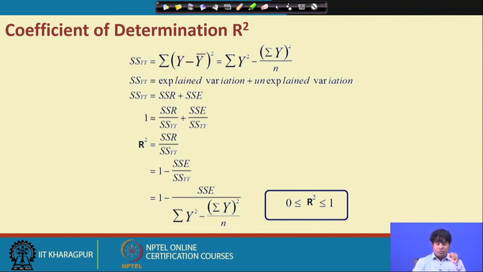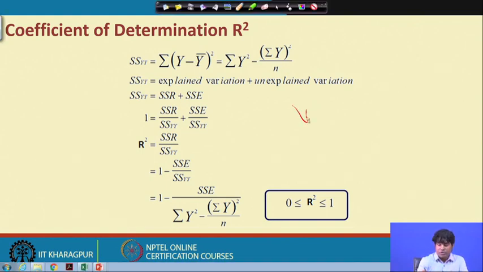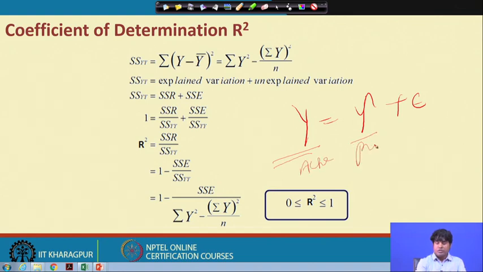The other part of this process is the goodness of fit test. Here we have three items altogether: y, y hat and the error component. This is the actual, this is the predicted, and the difference will give you the error component.